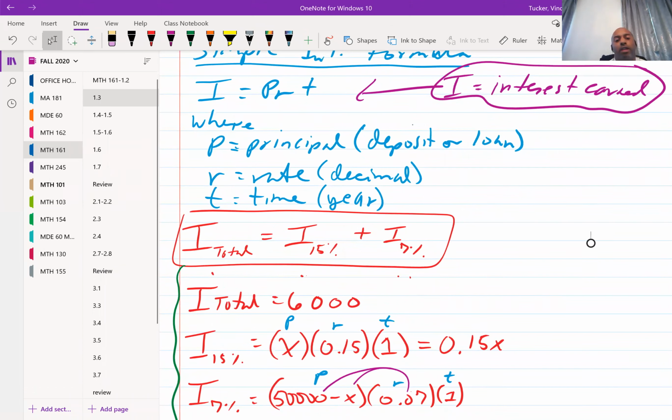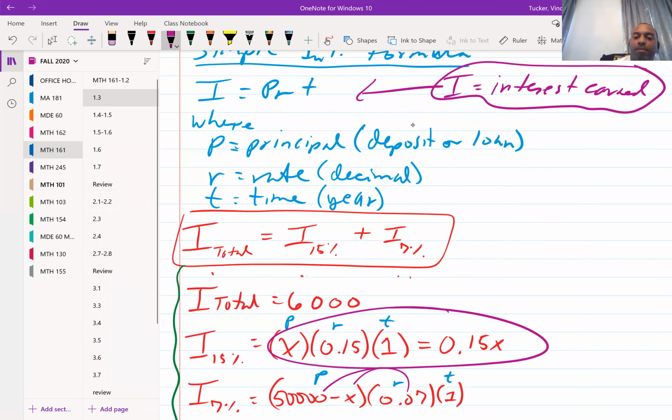So now, interest earned in the 15% account, we're going to multiply P times R times T. That's X times 0.15 times 1. Remember, convert 15% to a decimal first before you do your calculation. Move your decimal 2 places to the left. 15% will be 0.15. So X times 0.15 times 1 is 0.15X.